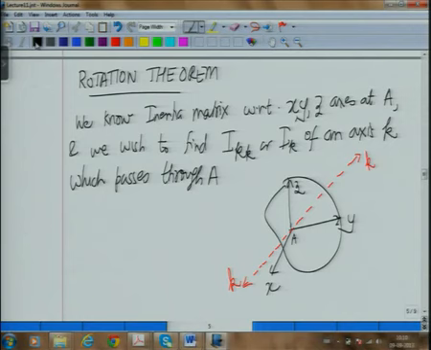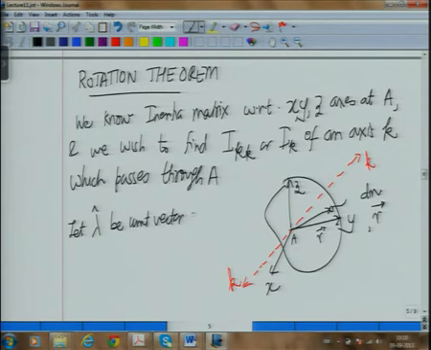Now, if I choose any mass dm which is located at a vector r, so this vector is r. Let lambda be the unit vector along KK.